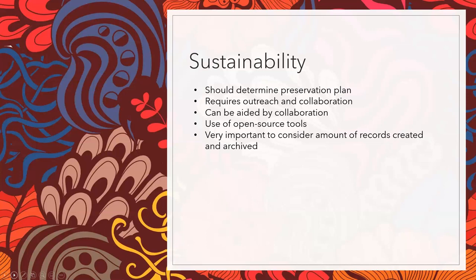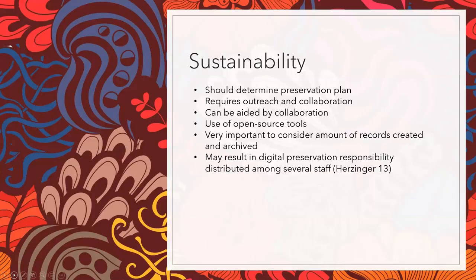If a collection has terabytes and terabytes of information, is that one that we really should be thinking about bringing into our repository? If a collection has records in a format that is really difficult to preserve, is that a collection that we should be bringing into our repository?